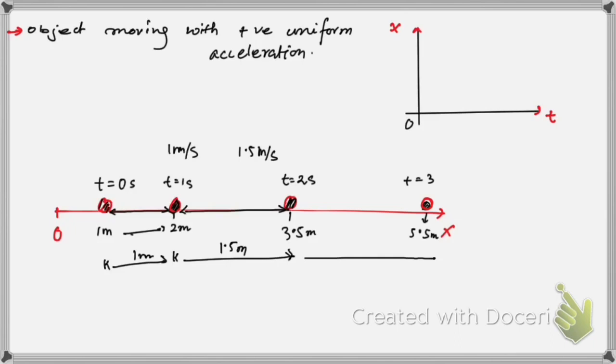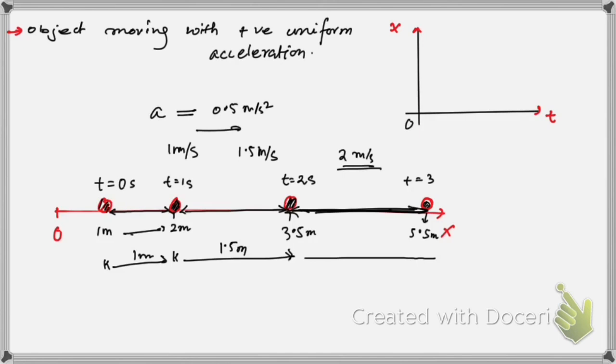And in the last 1 second, from position 3.5 to 5.5, it has traveled 2 meters. So velocity is increasing in each second by 0.5 meter per second squared. So this is the acceleration, right?